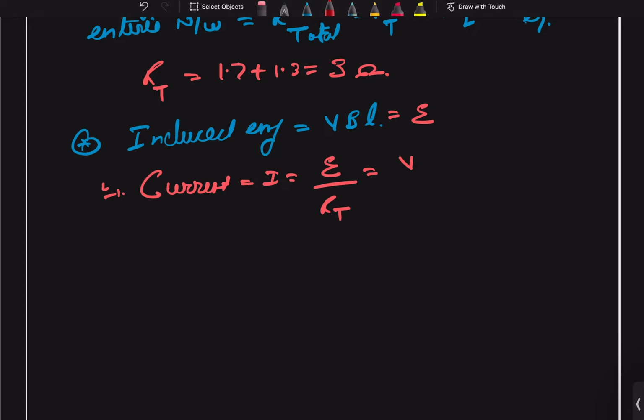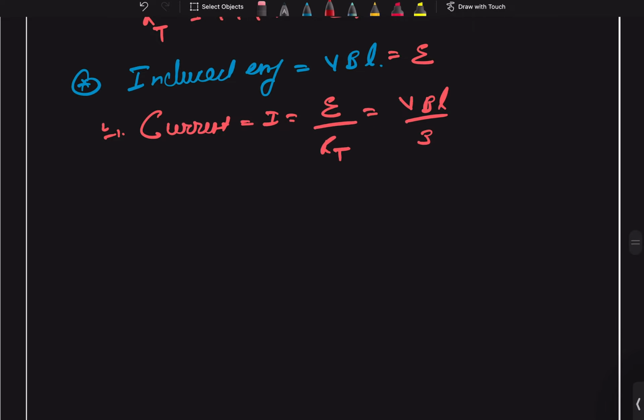So we can say this is vBl divided by 3 ohm. Now we simply substitute the values. We get current I will be equal to 10 to the power minus 2, 1, and 5 into 10 to the power minus 2.